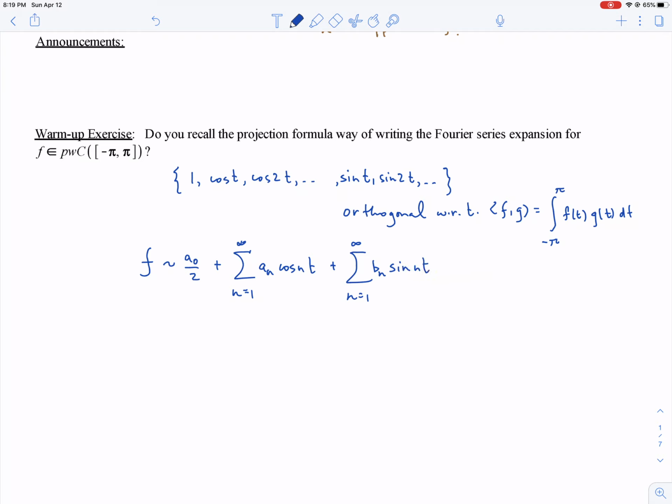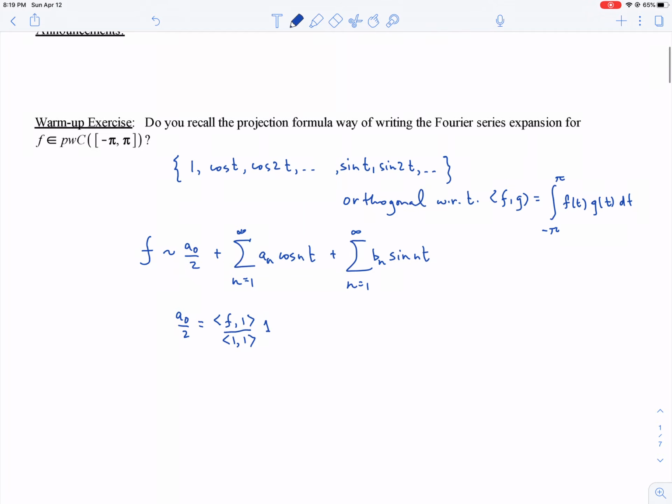And the point was that the constant term, a naught over 2, we took the first orthogonal function and took the inner product with f, then we divided by the inner product of 1 with itself, then we multiplied by the function 1. That gave the first term.